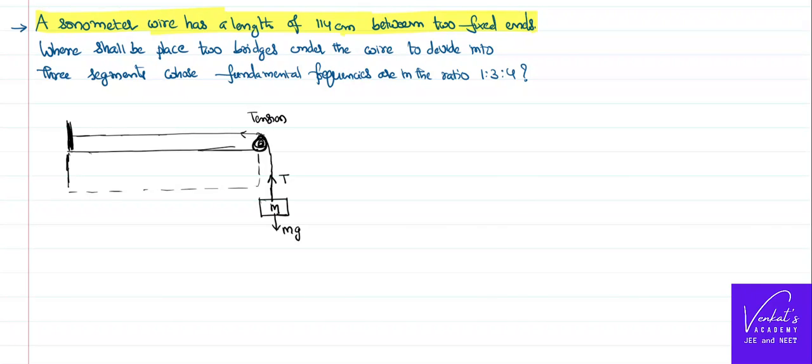Because this end is fixed and this end is loaded, this wire behaves like a stretched string. So what are all the rules that we have developed for a stretched string? We derived an equation for the frequency of a stretched string in the previous video, as P by 2L times the root of tension by linear density, where P is the number of segments.